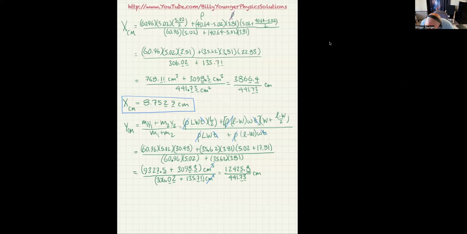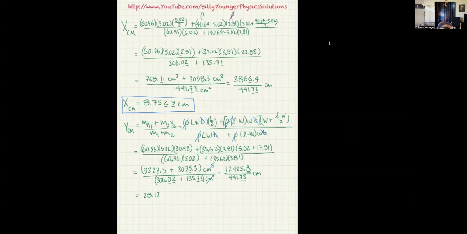So I'm going to take 12425.8 and I'm going to divide that by 441.73. And this gives me the y center of mass is 28.12. And in this case, I had 4 sig figs divided by 3, so that's really only 3 sig figs.